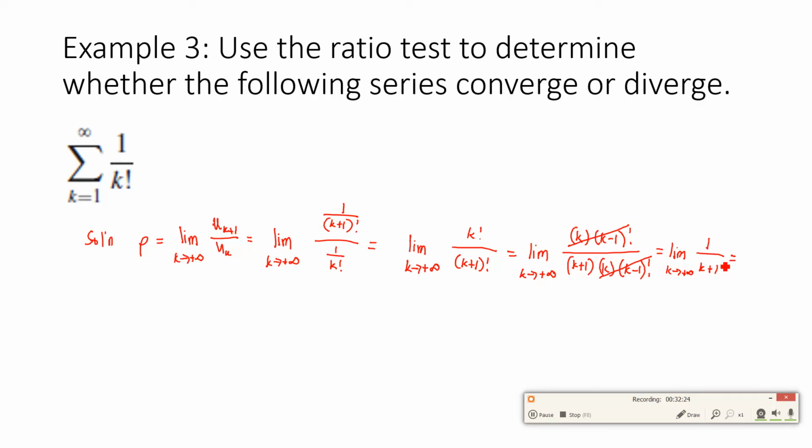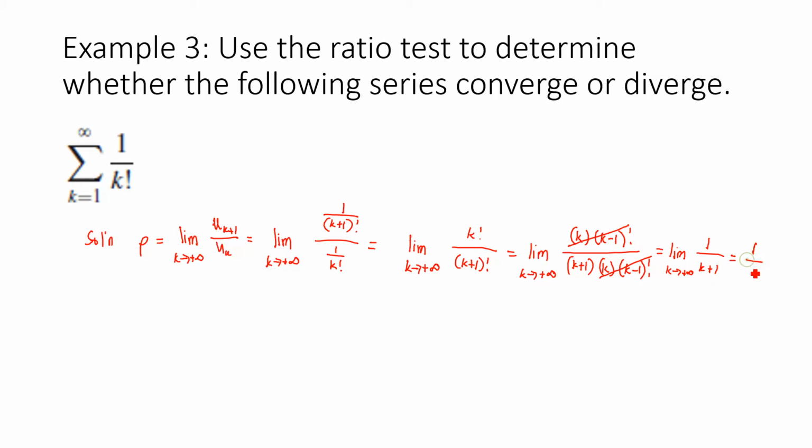However, the limit of k plus 1 as k approaches positive infinity is not zero but infinity. So you have the limit of 1 over infinity, which is equal to 0. Therefore, as we can see, the rho which is equal to 0 is less than 1.